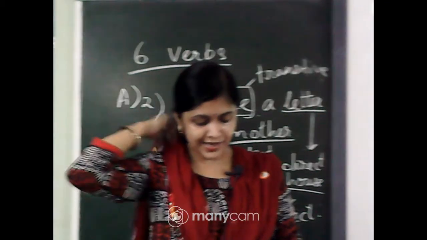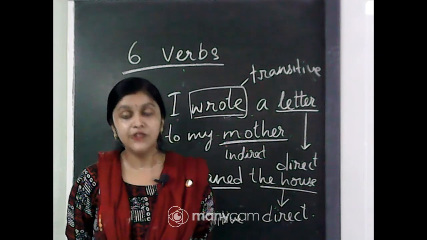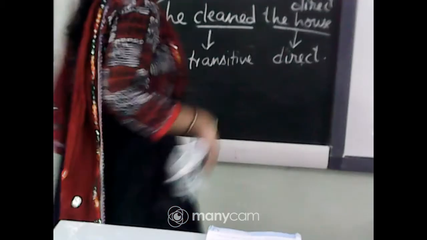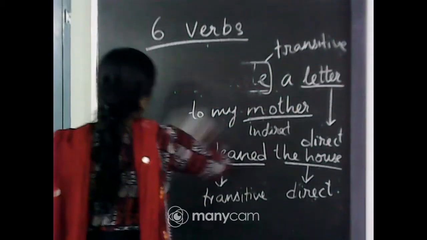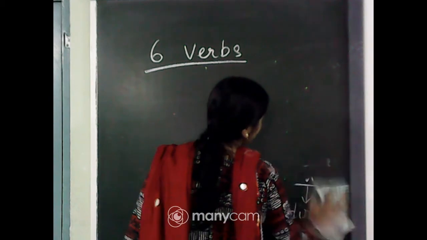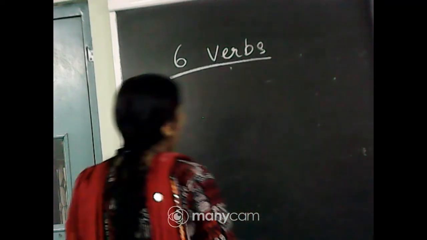Come to the next exercise. You have to underline the verbs and state whether they are transitive or intransitive. Okay. So before we begin, transitive verbs we have already understood what they are. Intransitive verbs are verbs which do not require an object to complete their meaning, but sometimes they might require some words to complete the sense of the sentence, and those words are called complement. Okay.